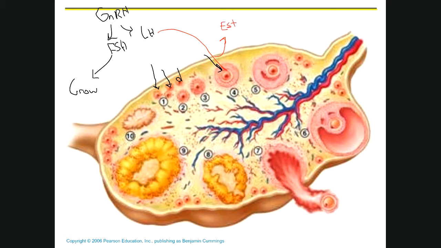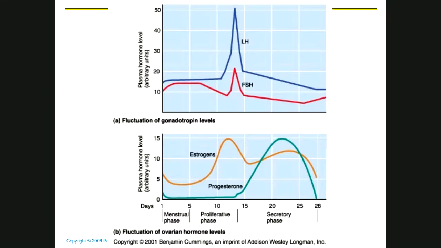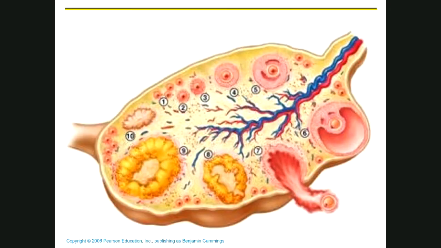So if we look at our graph, it looks like this. So look, there's FSH, it goes up, LH goes up, the follicle's going to grow, estrogen is going to go up. But that's going to keep happening until we reach here.